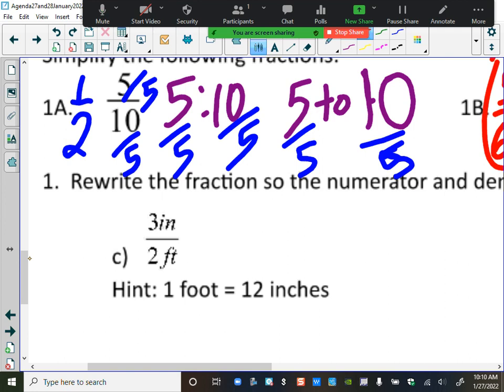You'll need to convert some values. So some of these problems we're going to have to convert.